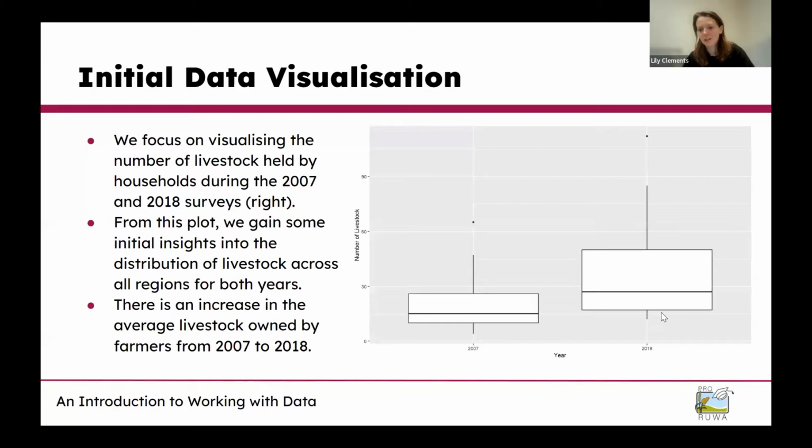This is our lower quartile, our upper quartile, and this here is our median. So in general, we can see that there's an increase in the average livestock owned by farmers from 2007 to 2018.